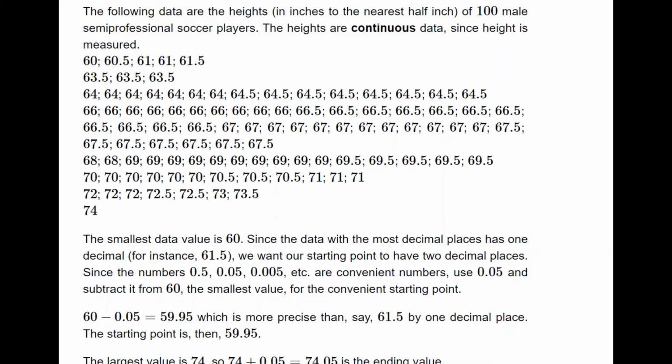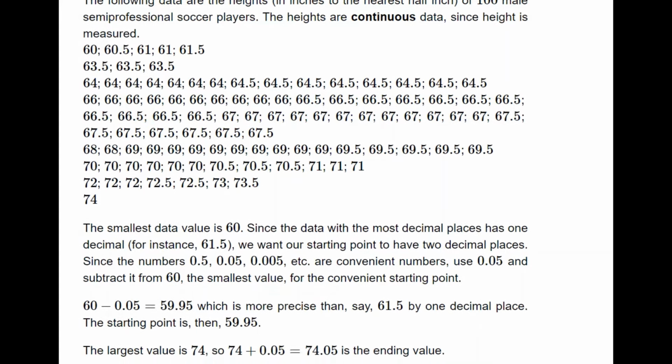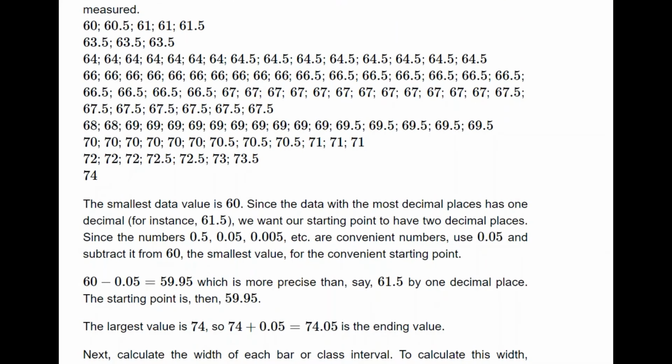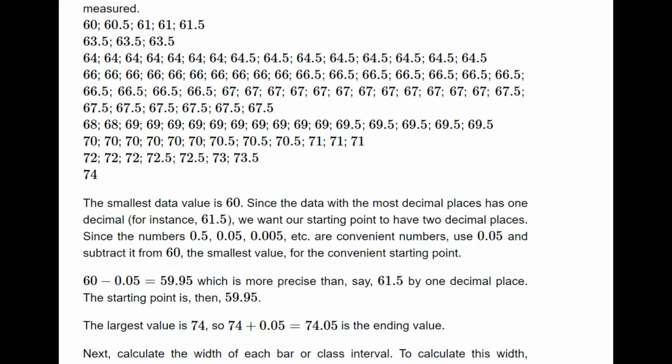So out of the convenient numbers that could be 0.5, 0.05 and 0.005, we see that 0.05 is the number that, if subtracted from 60, would give us a number in 2 decimal places, 59.95. And if 0.05 is added to the maximum number, which is 74, then it gives us 74.05.